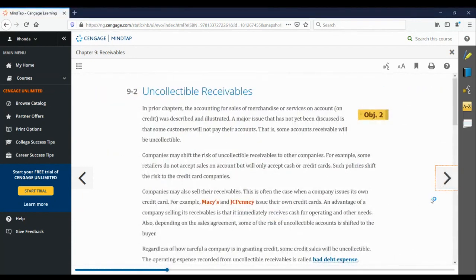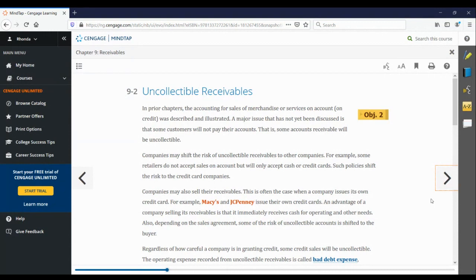So the main part of this chapter is about customers that you have allowed to buy merchandise from you on credit, and they may become or may not be able to pay the amount that they owe to the company.